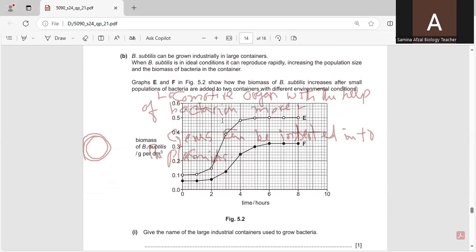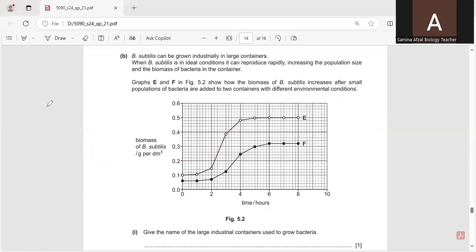Next question, part B. You can see a graph has been shown. B. subtilis can be grown industrially in large containers. When B. subtilis is in ideal conditions, it can reproduce rapidly, increasing the population size and the biomass of bacteria in the container.